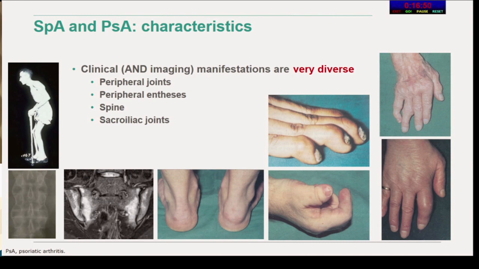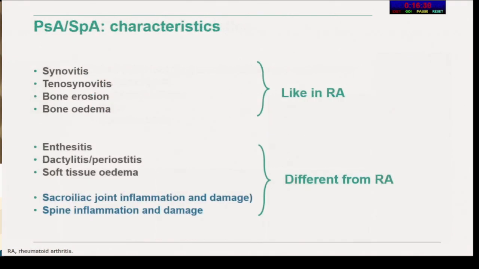So it's a very diverse disease, or rather very diverse diseases, which also gives challenges when we should select how to do imaging. And if we look at the things we can see on MRI or ultrasound, there are some pathologies which are seen both in rheumatoid arthritis and in particularly psoriatic arthritis, but also sometimes in the other inflammatory arthritides, such as synovitis, tenosynovitis, bone marrow edema, and bone erosions.